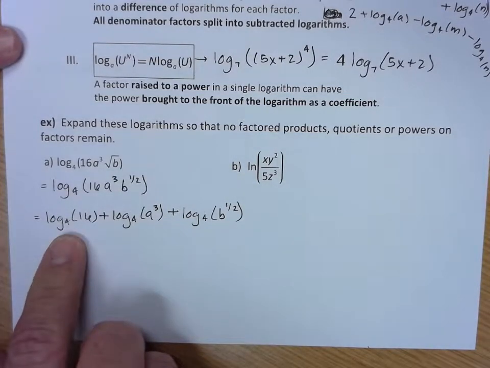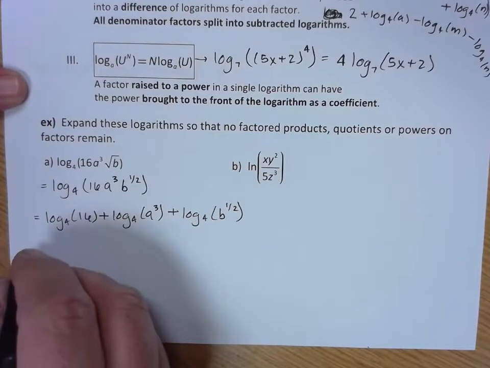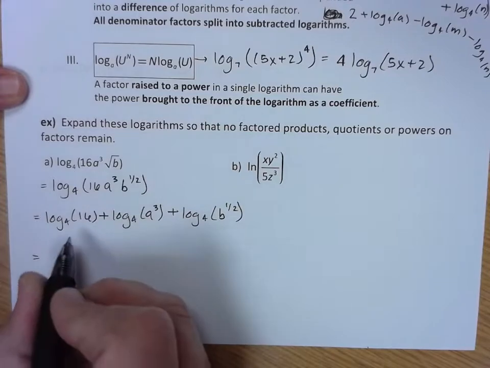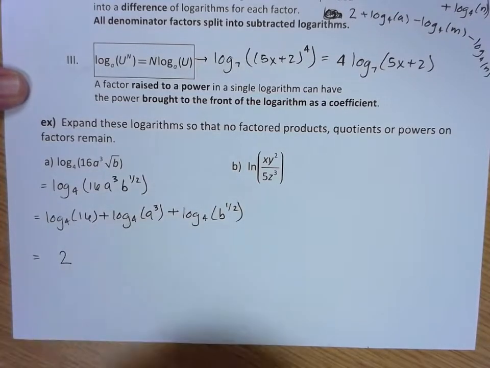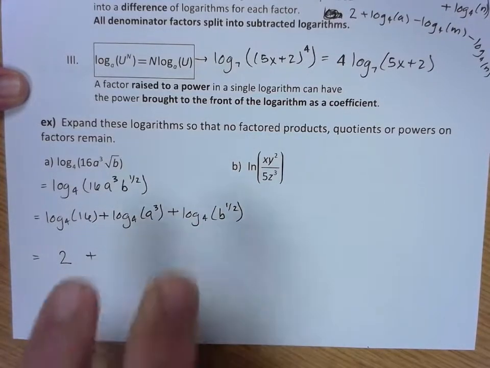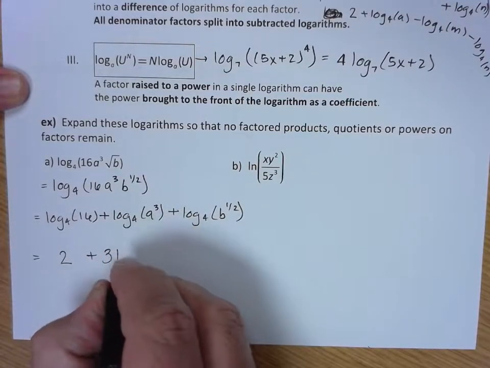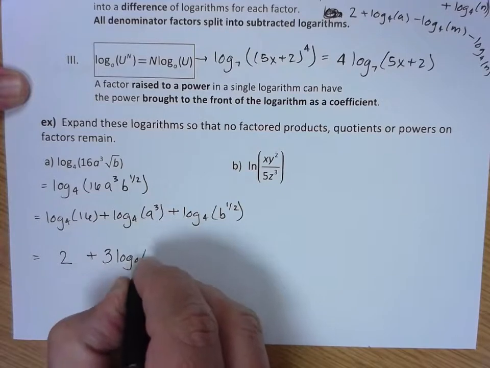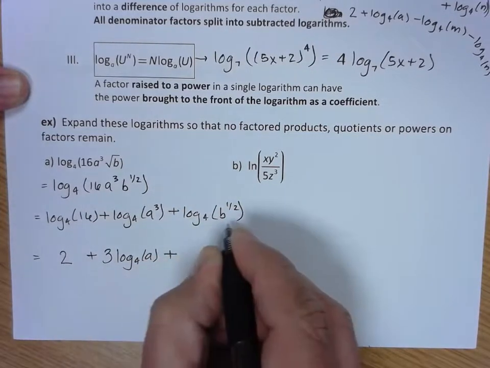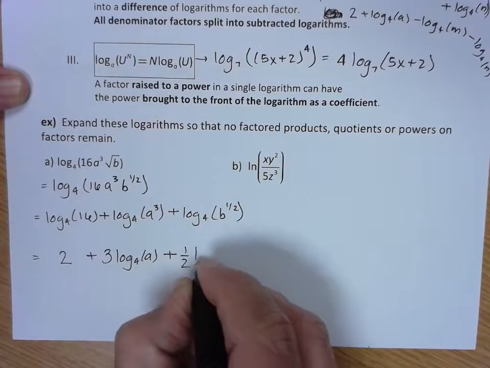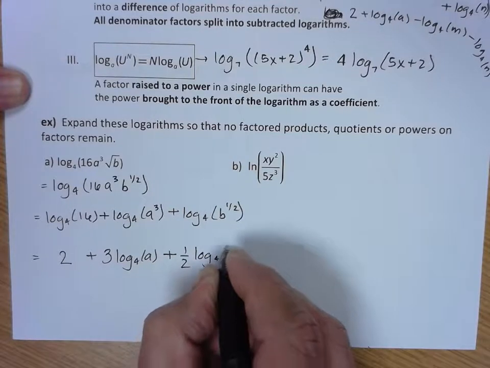If there's a logarithm that you can evaluate without using the calculator, go ahead and evaluate it. Log base 4 of 16 becomes the exponent 2. And then the third law of logarithms kicks in here. Bring that 3 to the front, and that becomes 3 log base 4 of a, and then plus 1/2 log base 4 of b.